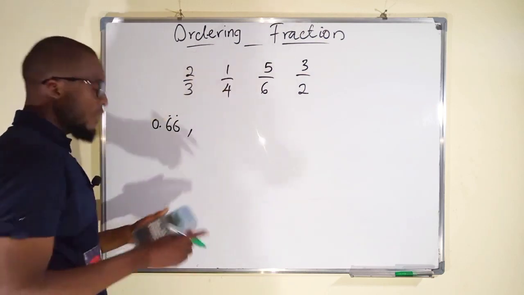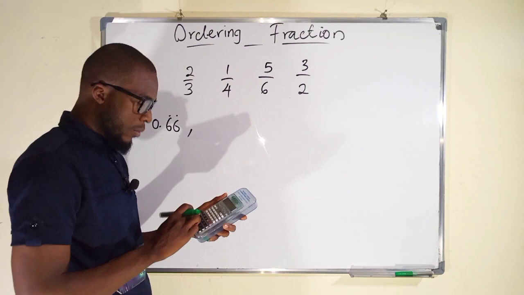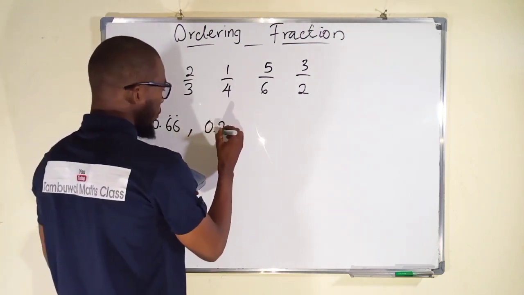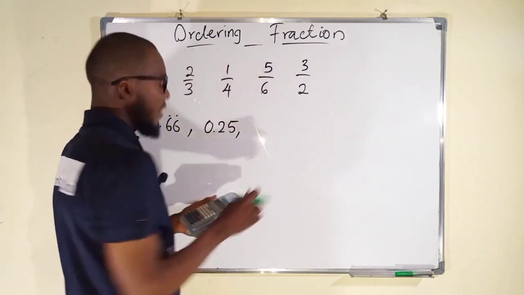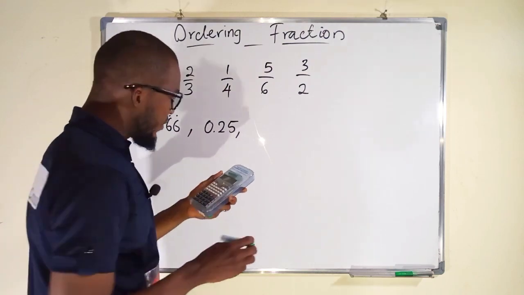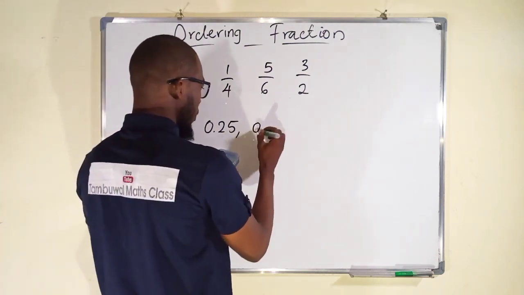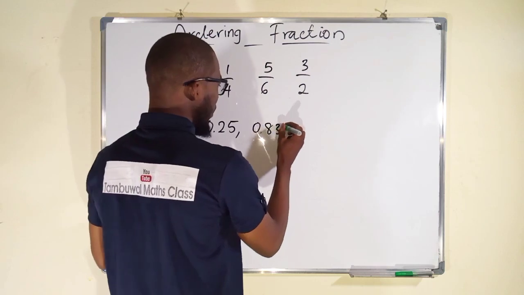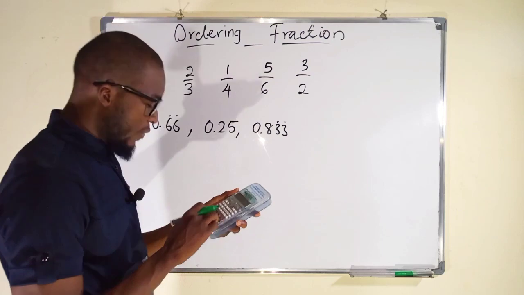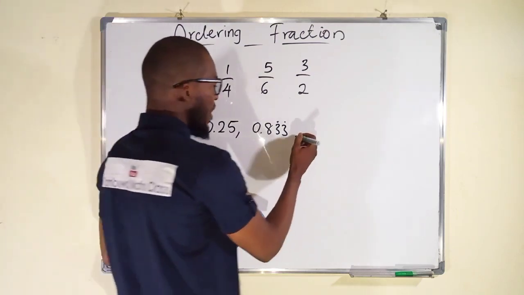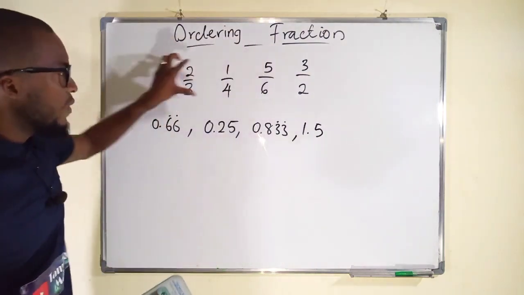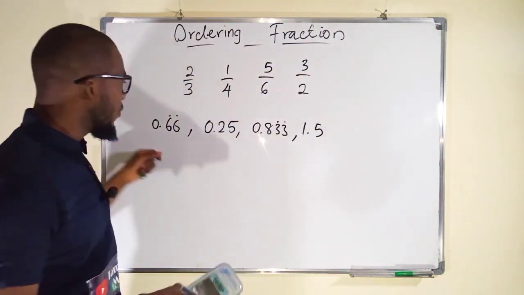And the other one, 1 over 4, which is 0.25. 5 over 6, which is 0.833 recurring. And lastly, we have 3 over 2, which is the same thing as 1.5. Now we have transformed all these fractions into their decimal form.